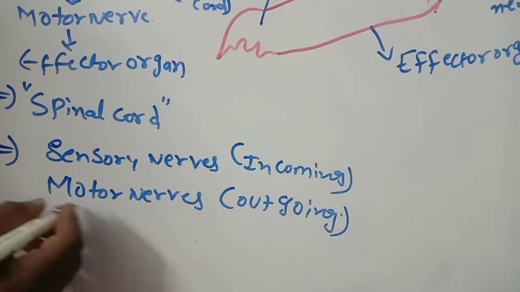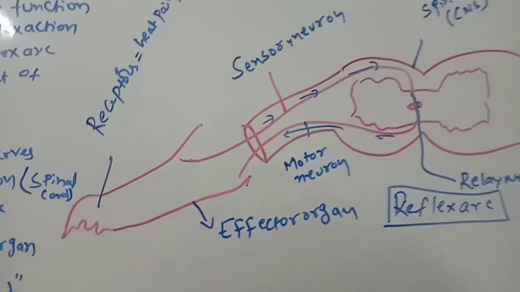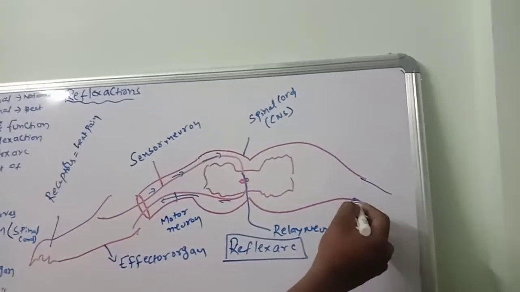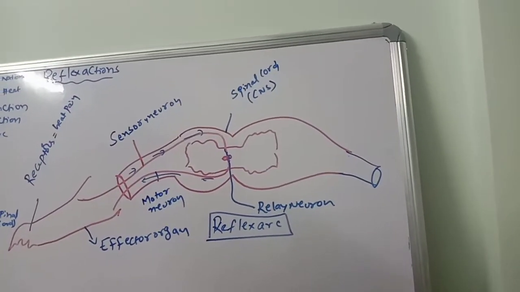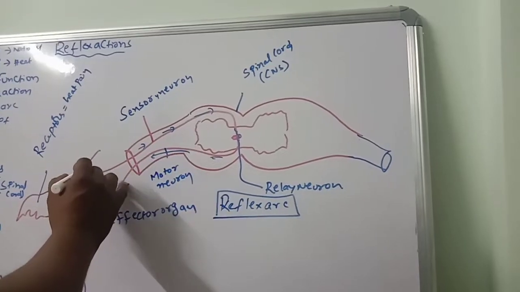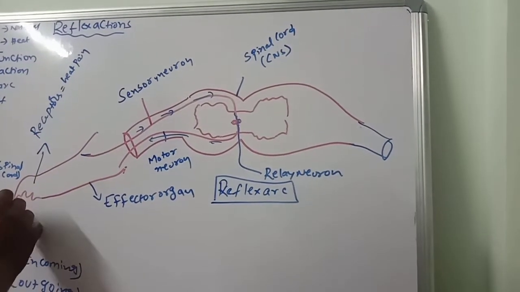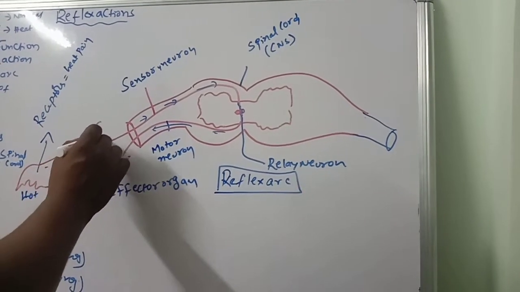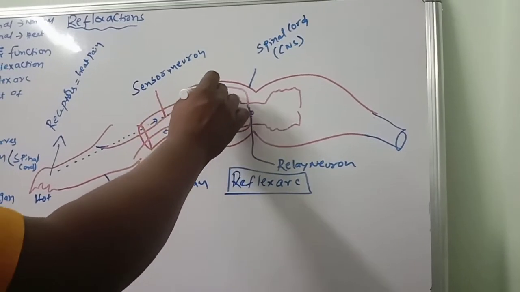If you see the diagram of the reflex arc, this is the spinal cord. The hand, or effector organ, touches a hot object. That information goes through the sensory nerve. Sensory means incoming.